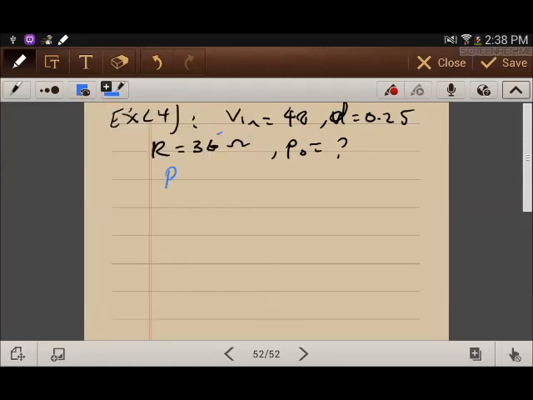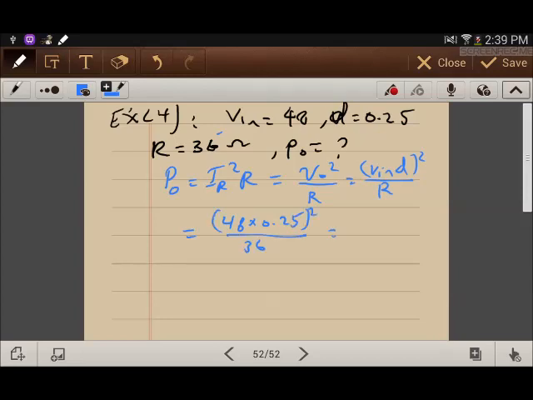The output power is IR squared multiplied by R, or it's V out squared over R. The V out is Vn multiplied by D. So I will get (48 multiplied by 0.25) whole squared divided by 36. The output power is going to be 4 watts.